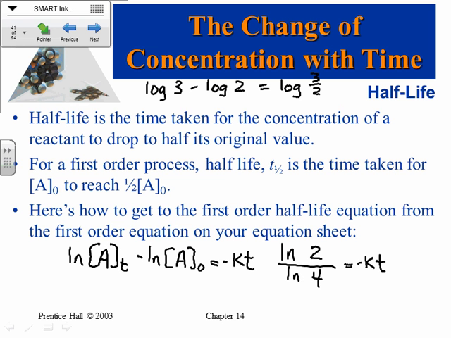Okay. There we go. So then if you do that, you can actually solve this part of the equation, okay? If you take the natural log of 2 and you divide that by the natural log of 4, what am I doing wrong here?